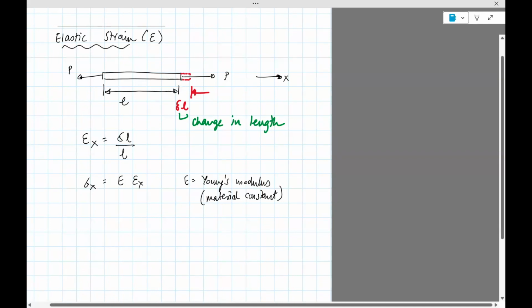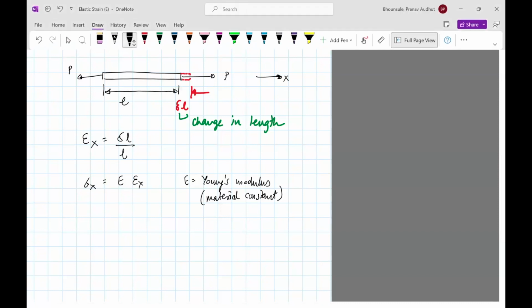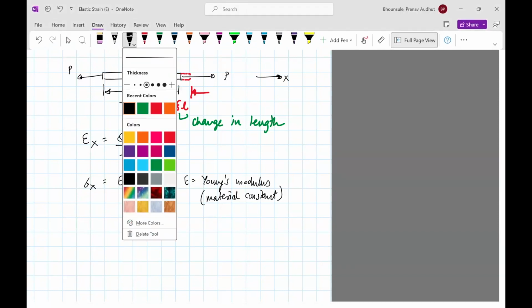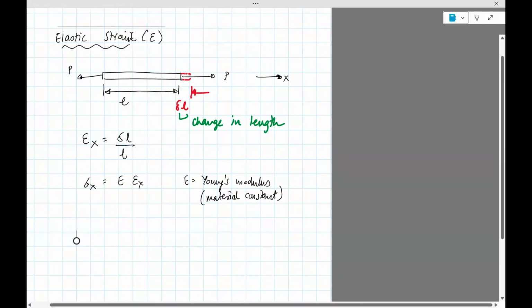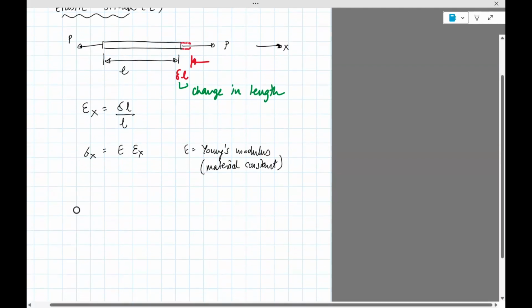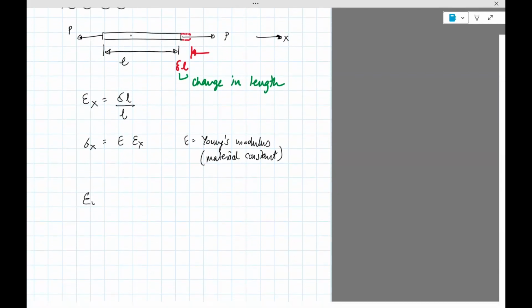Now, it turns out that when you stretch something in the x direction, it's actually going to contract in the other two directions. So there'll be a strain in the y direction.